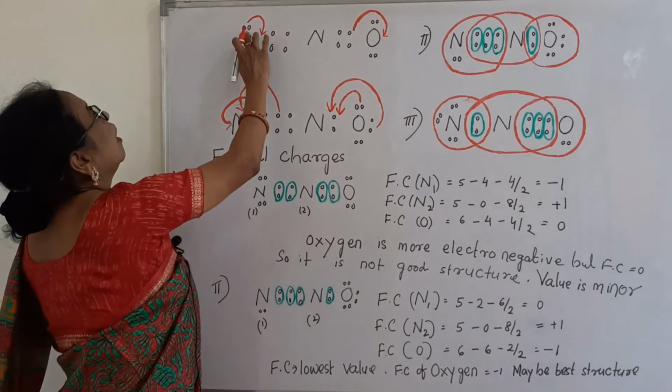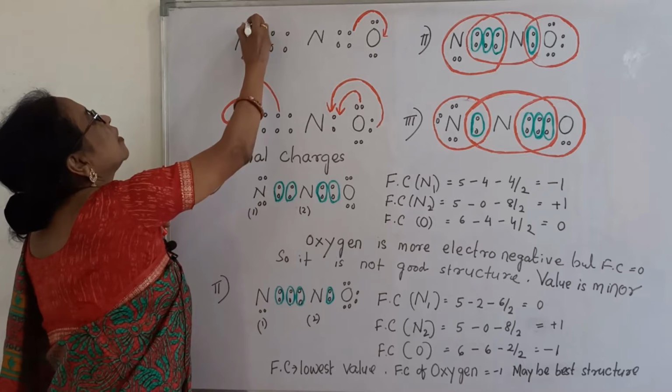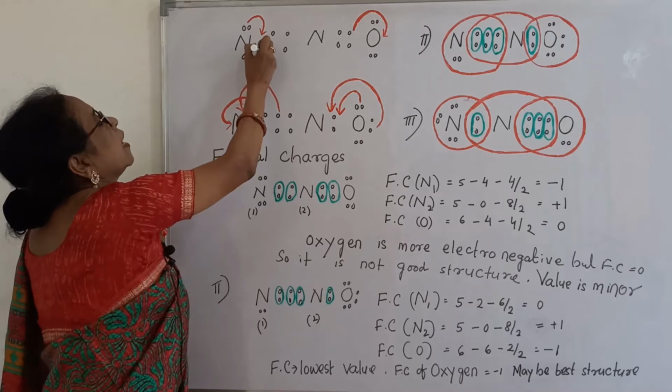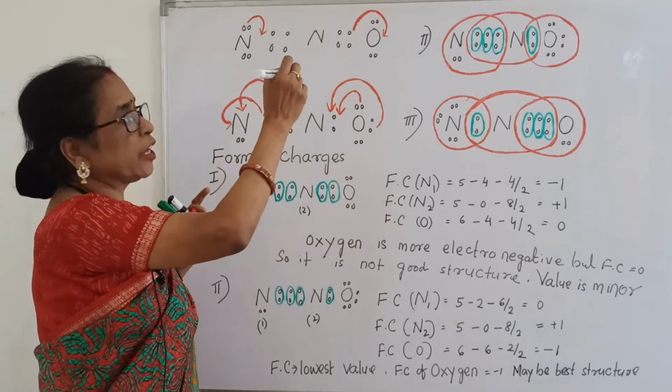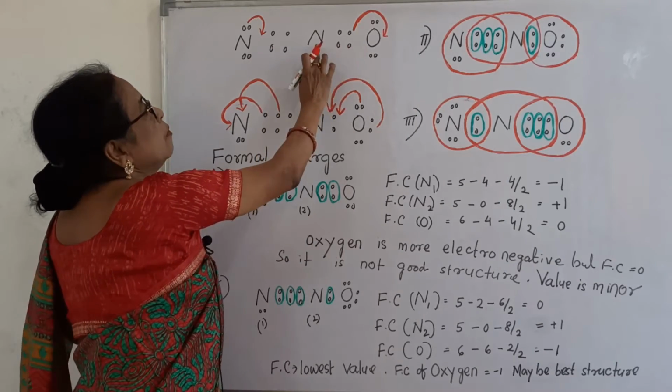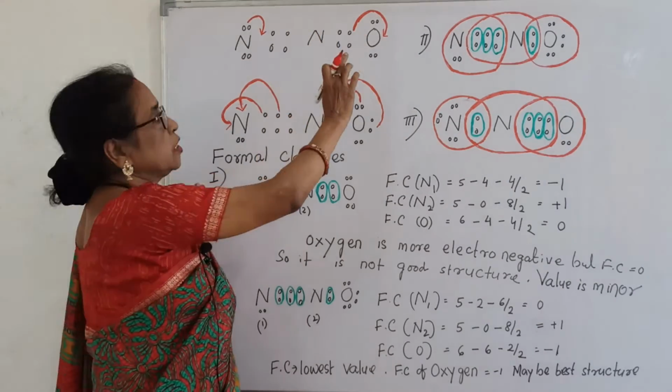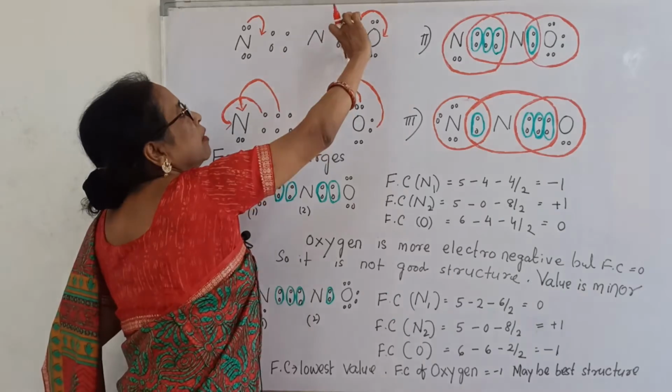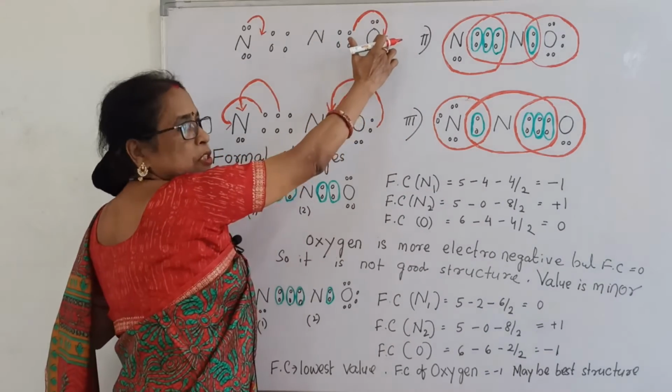That means this pair of electrons is transferred to this place, and again it forms a pair of bonding electrons. Similarly, between nitrogen and oxygen, 1 electron pair can be transferred to this oxygen.